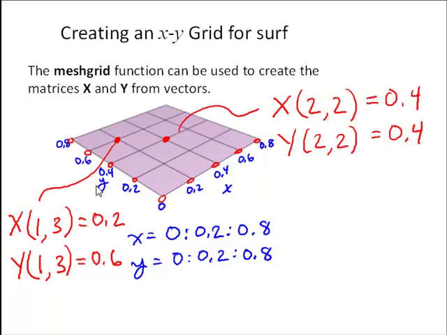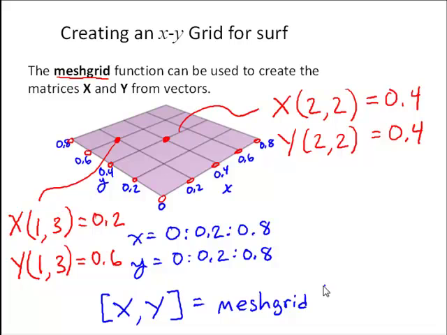So we have to generate this spatial grid in the xy plane in order to do the surface plot. And we do that using the meshgrid function. The syntax for that, MATLAB will generate these two matrices, X and Y, automatically from the vectors, as X, Y equals meshgrid, lowercase x, lowercase y.